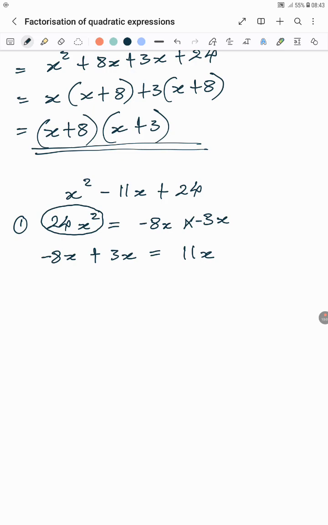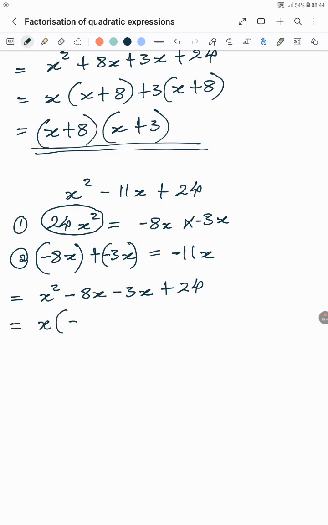And if you were to add these two, minus 8 plus minus 3, you're going to get minus 11, which means minus 8 and minus 3 are the right factors that we can use to substitute minus 11x. So in this case, you substitute 11x with minus 8x and minus 3x, and after that you can factorize.